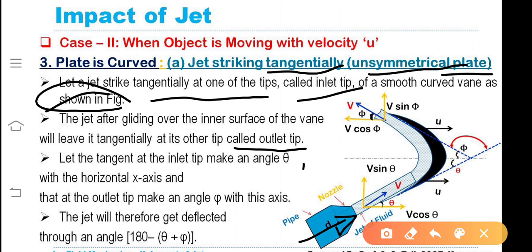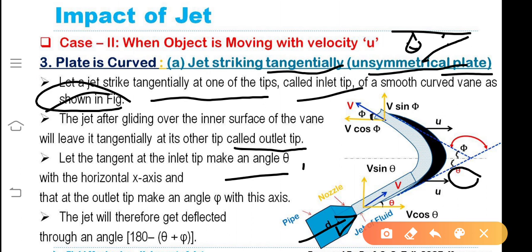That's all the difference. Let the tangent at the inlet tip make an angle theta with the horizontal axis. Here it is very clearly shown, theta. So with respect to the horizontal, the jet is making an angle theta. Is it clear?